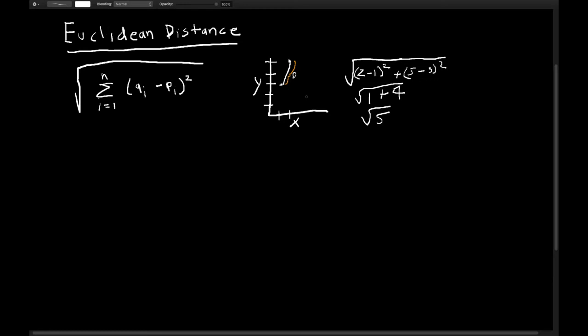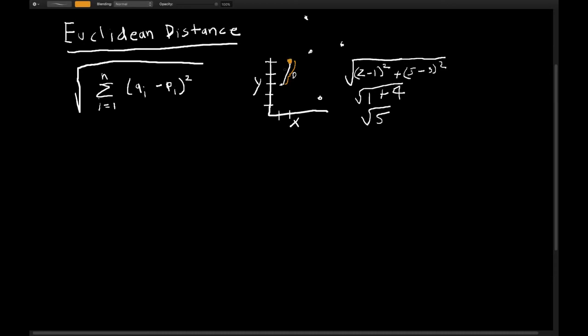So if we had something over here, and over here, and over here, and another thing right here, and let's say that this was the point that we were trying to classify.